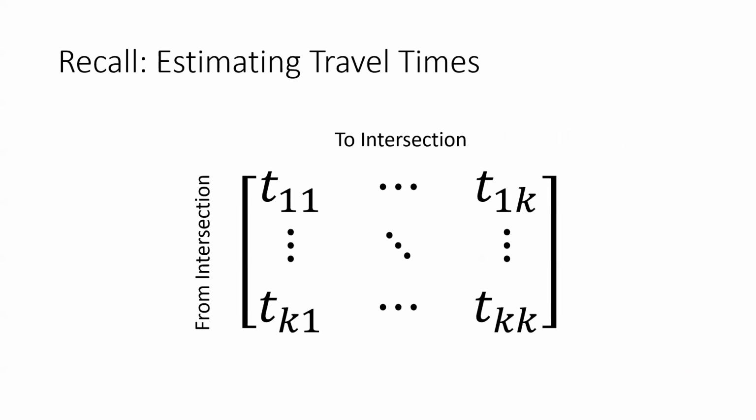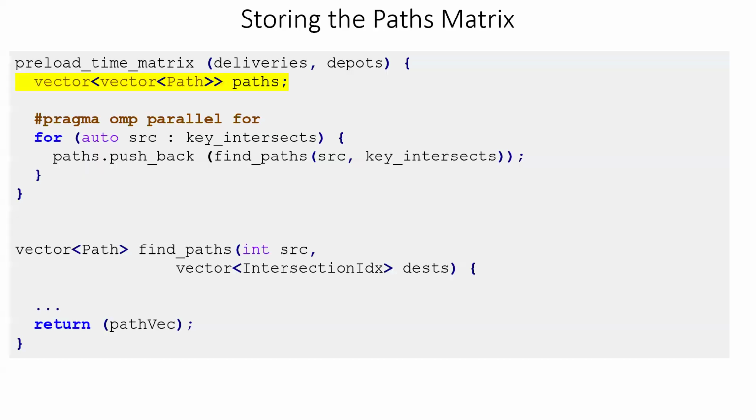So our travel times will be stored in something like a matrix, where the rows are the from intersections, the columns are the to intersections. And we can store it in a vector of paths.